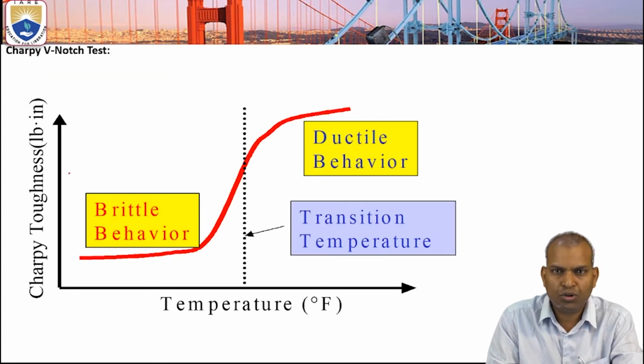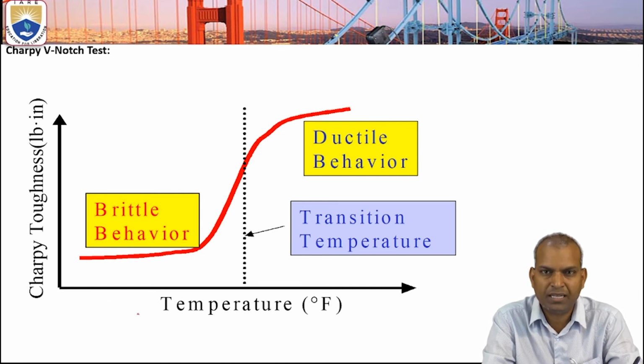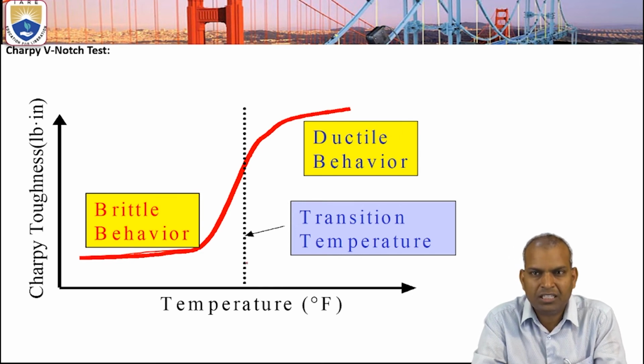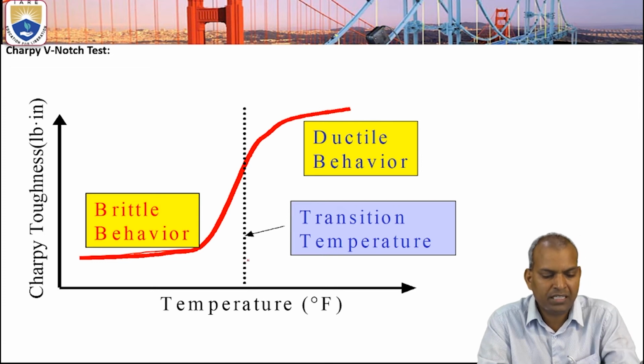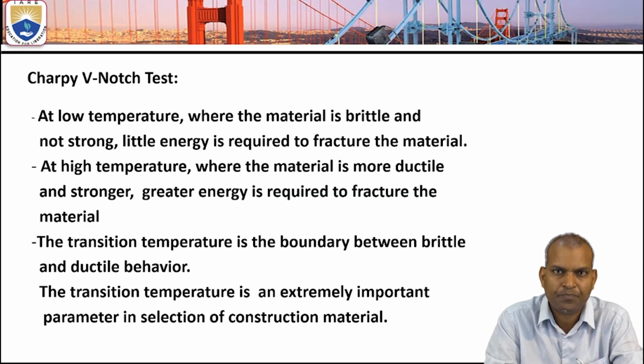So we are going to show you the Charpy toughness with respect to temperature. For brittle materials it will be low, whereas for ductile materials there is a transition temperature zone. This curve indicates the Charpy toughness versus the effective temperature.